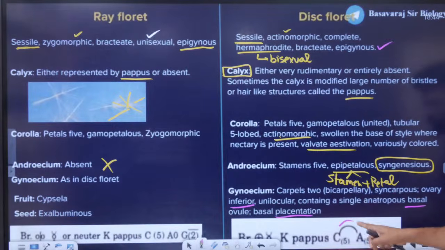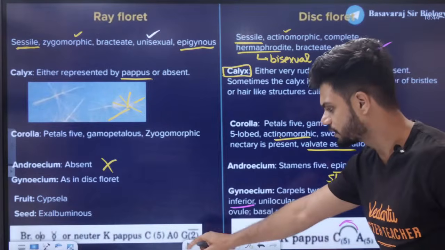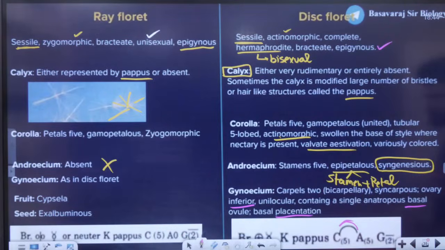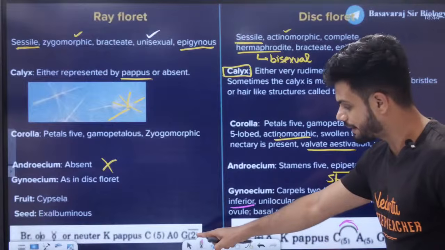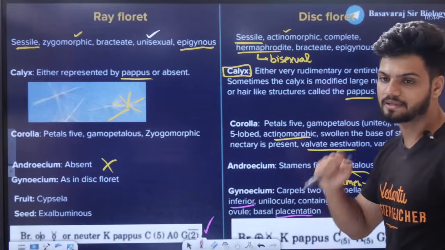Here we have the epipetalous condition; here we do not have any such. Androecium is 0 here. Androecium is present. Gynoecium inferior, bicarpellary syncarpous, in both cases.